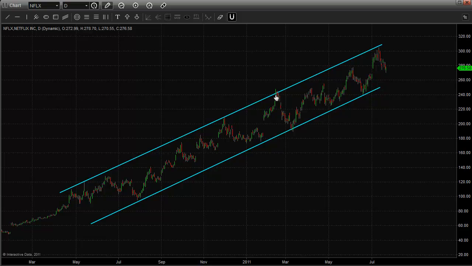And so you would be looking for long entries anytime it approached this lower trend line here. And that could stay in effect until the trend is broken. You can see over a year here on Netflix that trend hasn't broken. And so by drawing these channel lines just gives you points of reference on where your higher probability entries will be on your trades. Let's look at another chart.